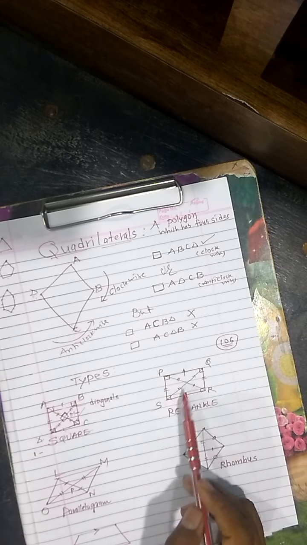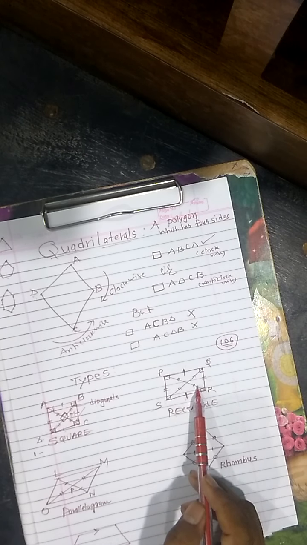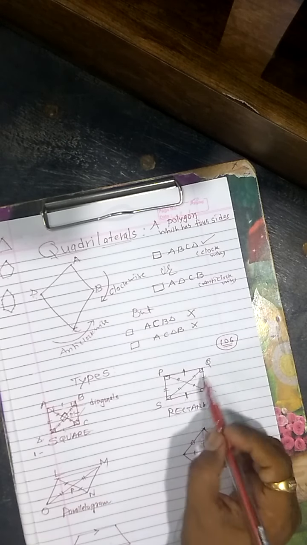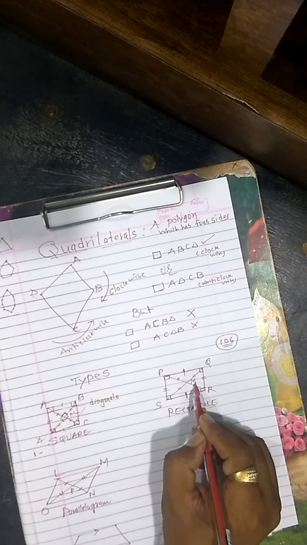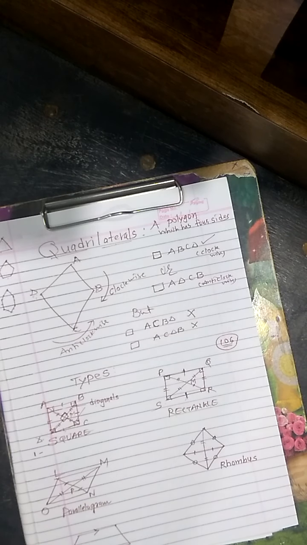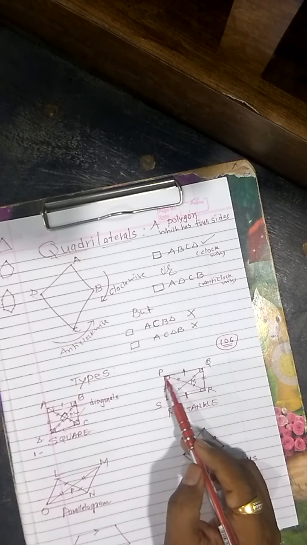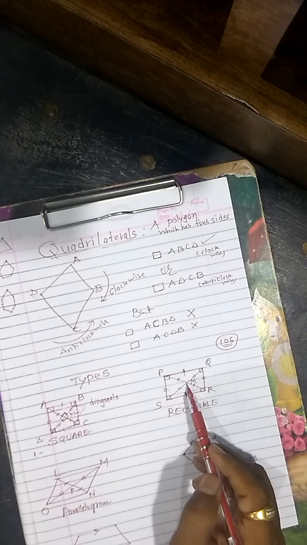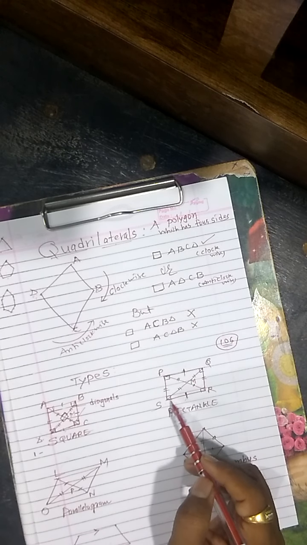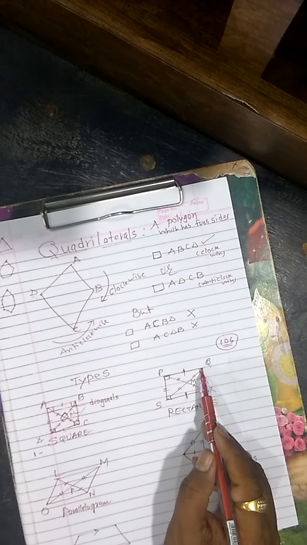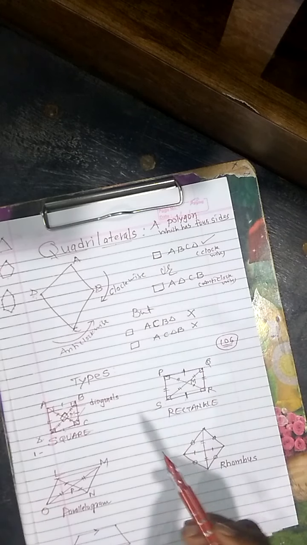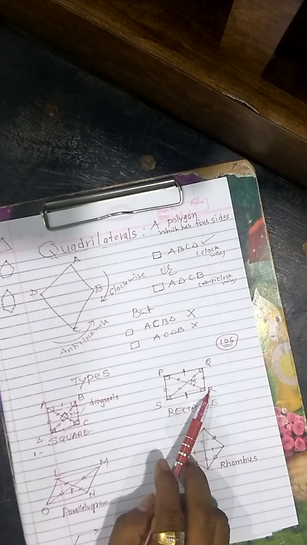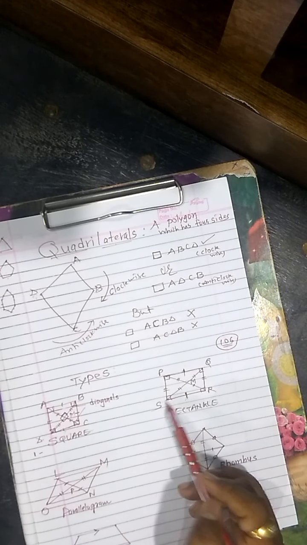In a rectangle the lengths of the two diagonals are also the same. They bisect each other here also, because the diagonals bisect each other. It means PM is equal to MR, and QM is equal to MS.